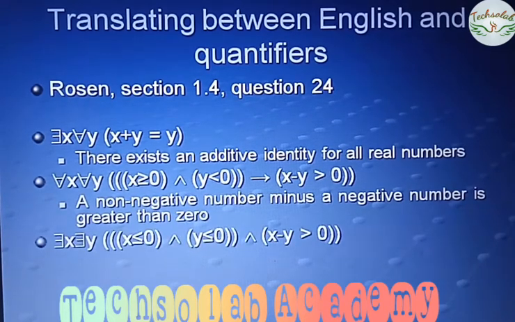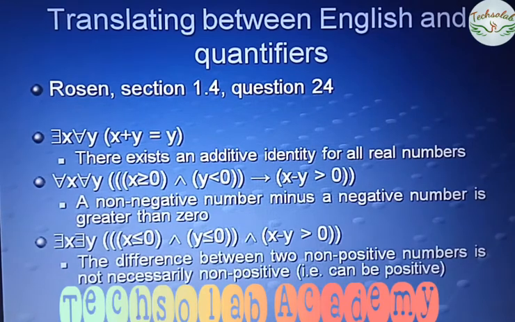Then there exists x, there exists y. Students, it is noted, I already told you that both are existential quantifiers, therefore we use and. x is non-negative or negative and y is also non-negative or negative. It means if we subtract these two numbers, x minus y, it is not always greater than 0.